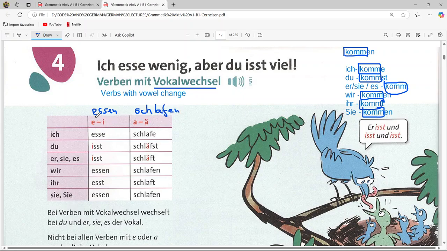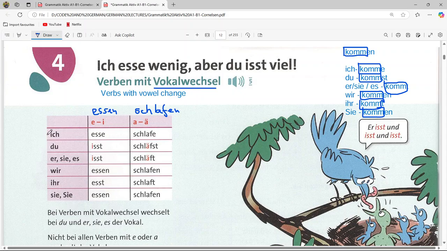In the normal form, essen starts with e. But in other conjugations, for du, for er, it is changed to i. For schlafen, it is with a in the normal case, but for some conjugations it changes from a to ä. Okay, so these are the verbs with Vokalwechsel, vowel change.